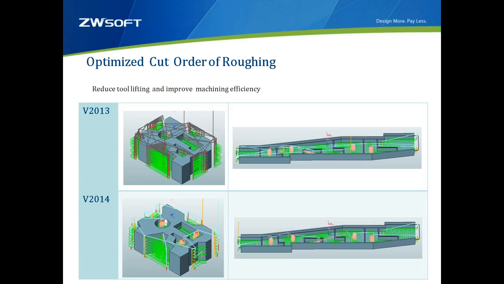From the picture on the left side, above, we find all the toolpaths from 2013 have too many lead-ins and lead-outs, because the cutting does not carry out strictly according to the region priority rule, so it causes a lot of air cut and so on.